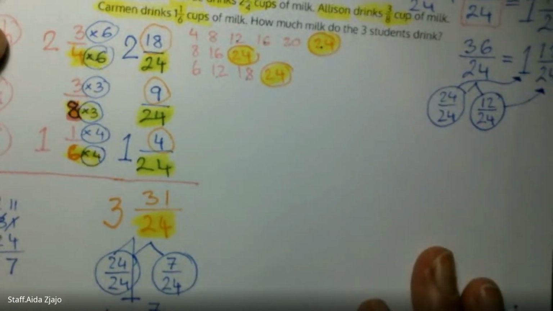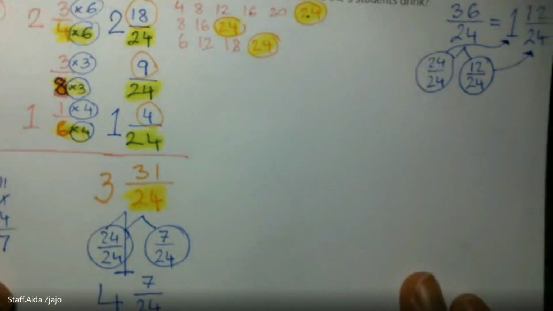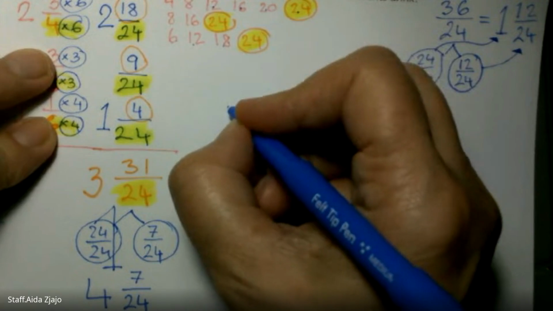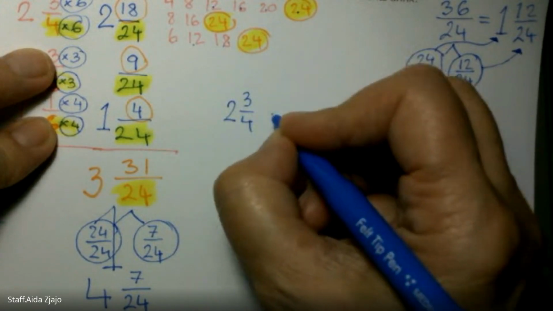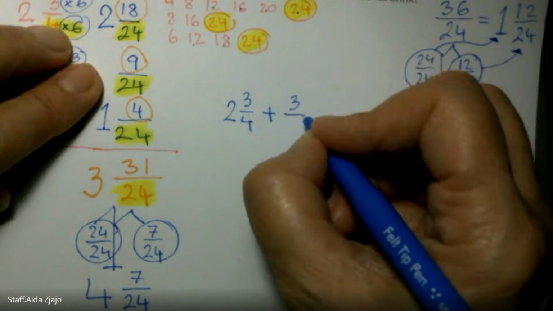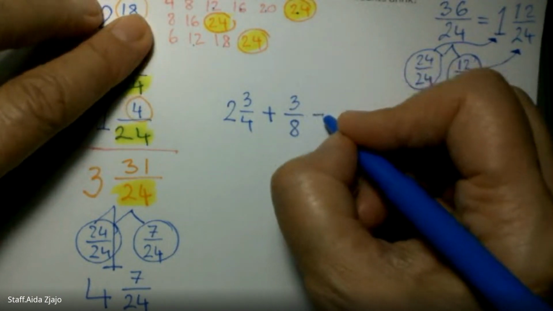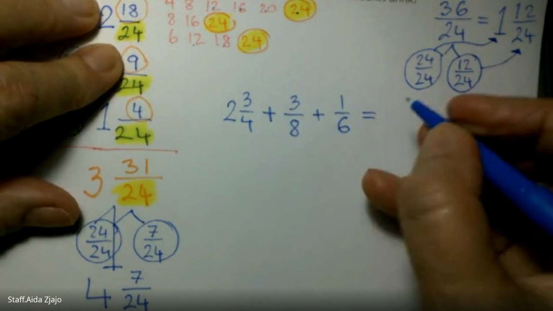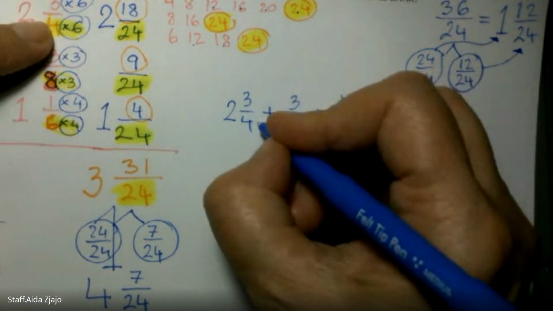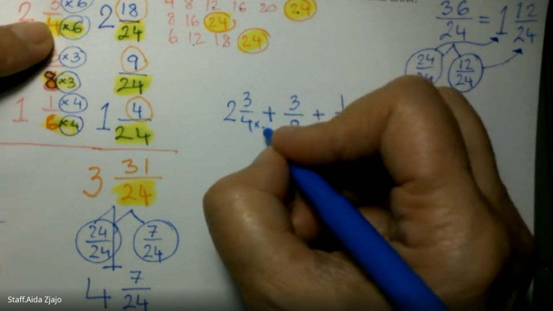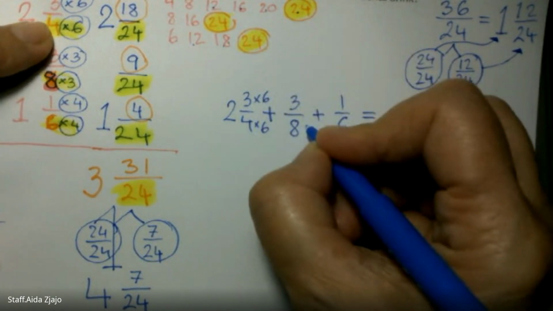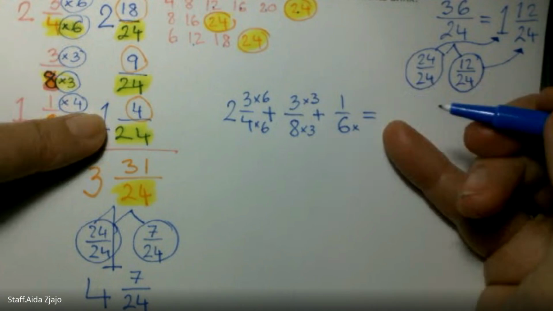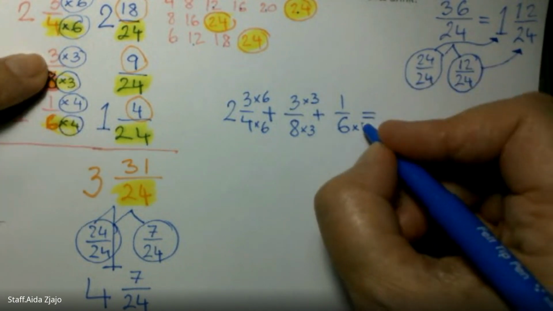If I go quickly, how would I do it horizontally? It would be the same thing. If I have 2 wholes and 3/4 to add 3/8 and to add 1/6, I will change it into 24ths. Times 6, times 3, times 4.